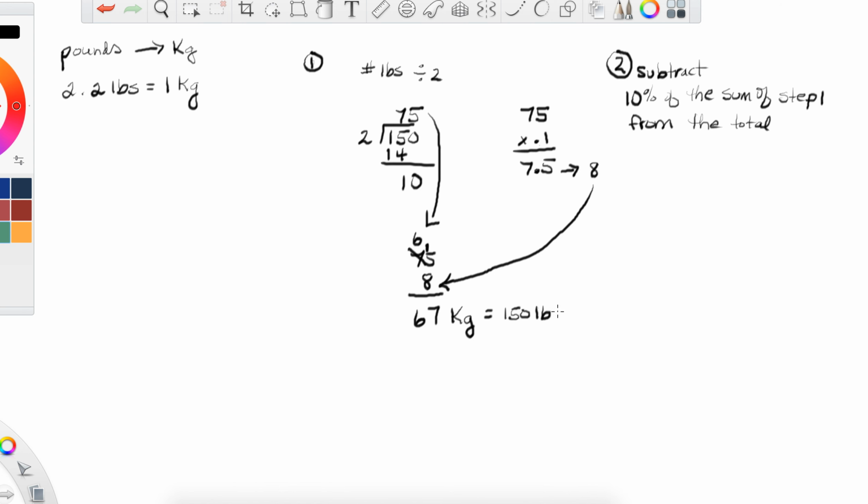Okay, now again, it's going to be a two-step process. First, take your number of pounds, divide by 2. When you arrive at that number, find 10%. So actually, we could say step 2 is find 10% of the sum of step 1.